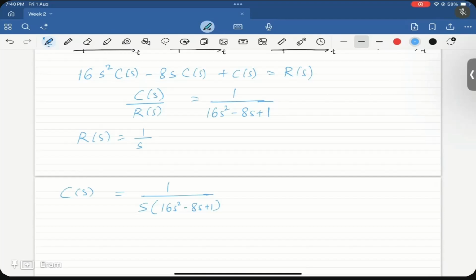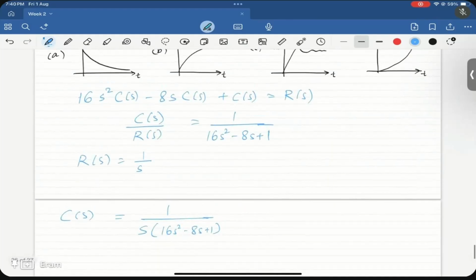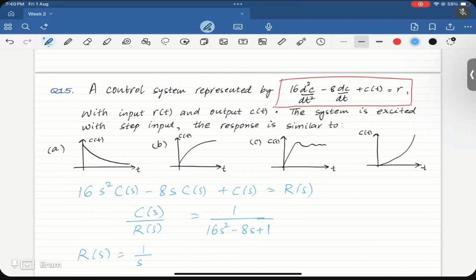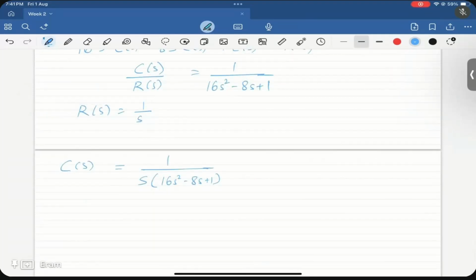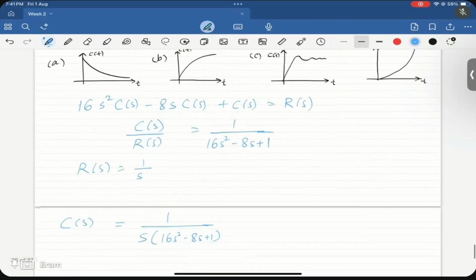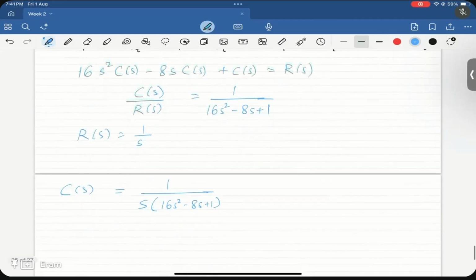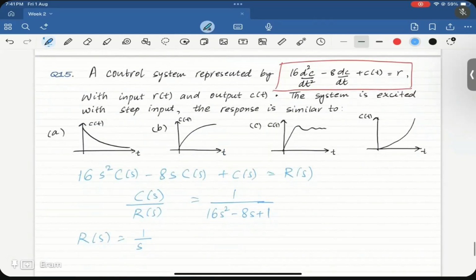Okay, can we check the poles of the transfer function, if they lie in the stable region or not?